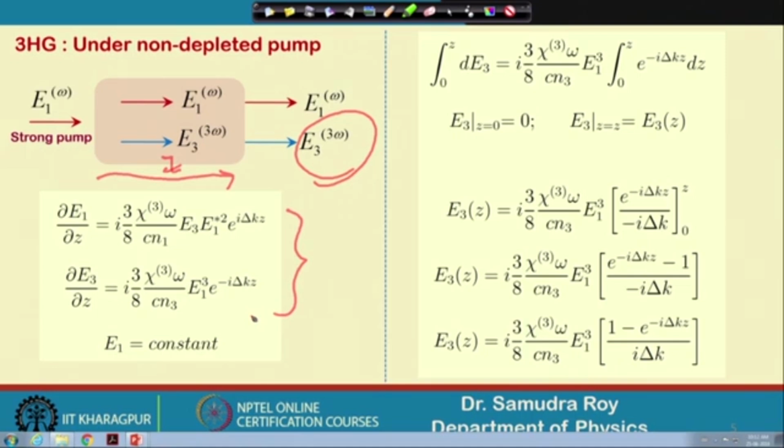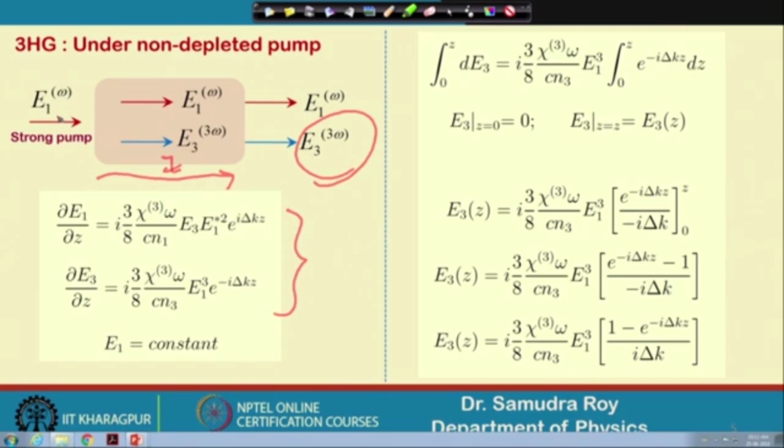Now, here the condition is the non-depleted pump. That means we launch a very strong pump, and this strong pump is basically a source term to generate the E3 wave, or the third harmonic wave.